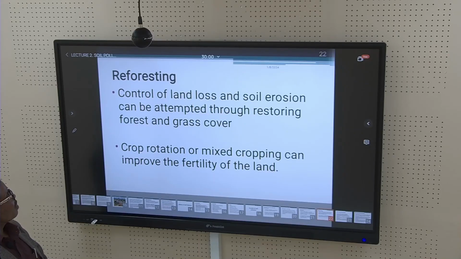So you need to do reforestation by replanting the plantations. Second, crop rotation or mixed cropping can improve the fertility of the land. It's another means: crop rotation, changing crops yearly, can improve land fertility.